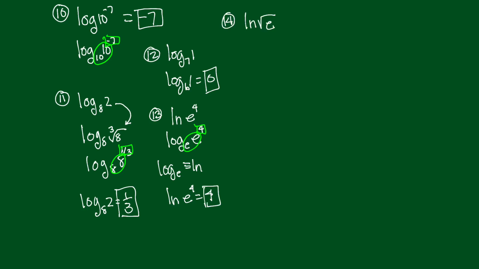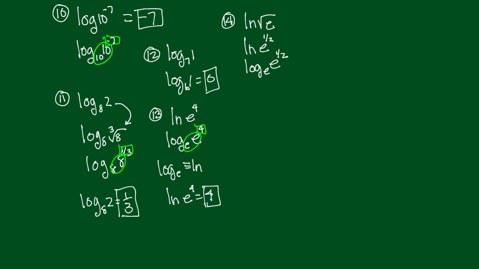14 asks us for the natural log of the square root of e. We'll get rid of that radical. Radicals are fine sometimes, but often when we're trying to manipulate symbols or compute, we don't want that radical, so I'm going to write it like this. Square root is e to the 1/2, right? The square root is the 1/2 power. And now remember, the natural log is really the log base e of, and then we have e to the 1/2.